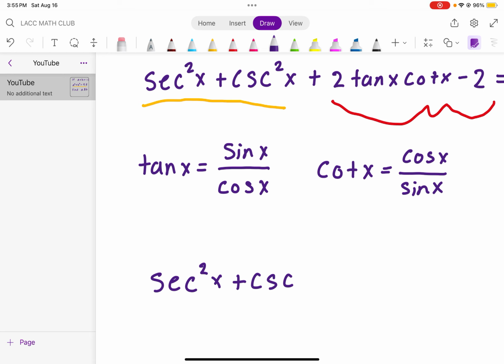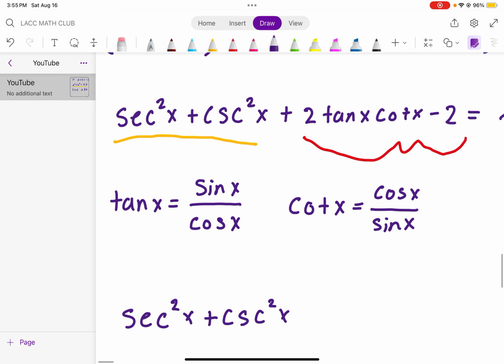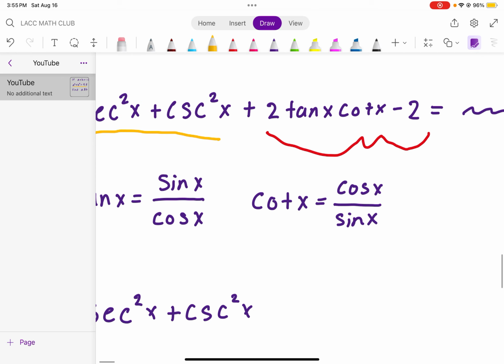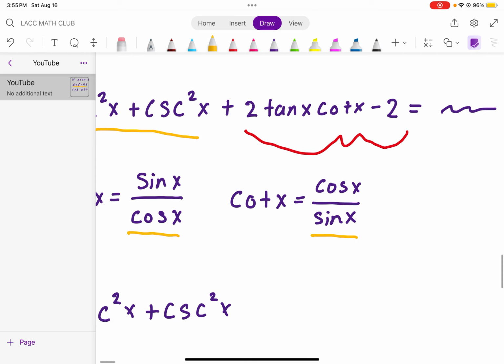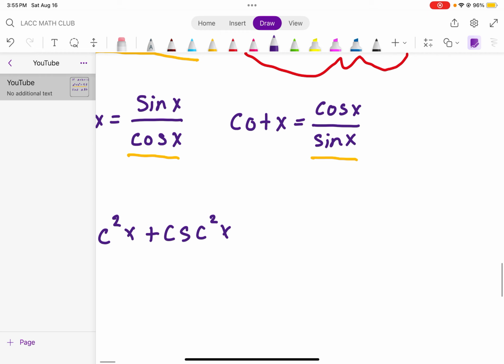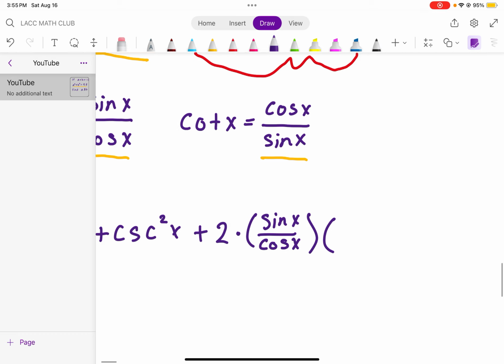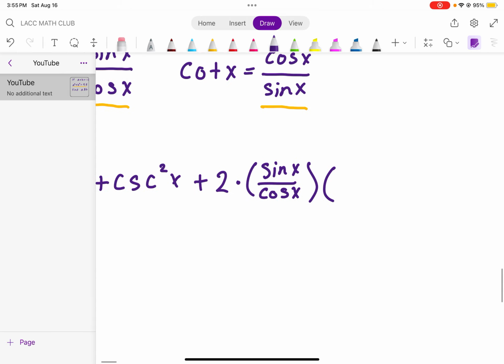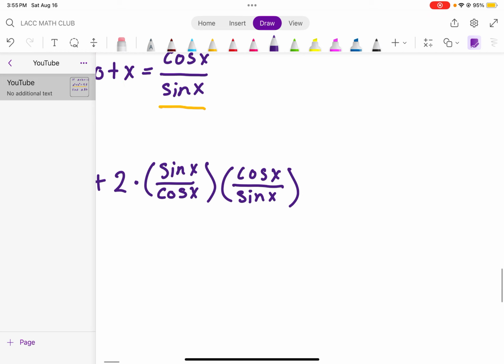So going forward now, alright, let's see what's happening here. We have this being multiplied against this times 2. Let's write that out real quick. Plus 2 times sine x cosine x times cosine over sine. Oops. Minus 2.